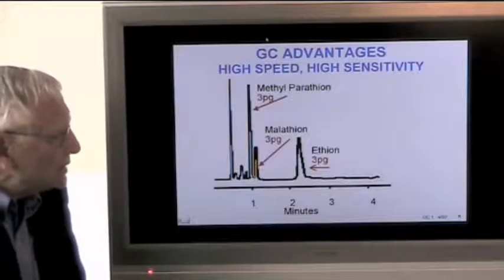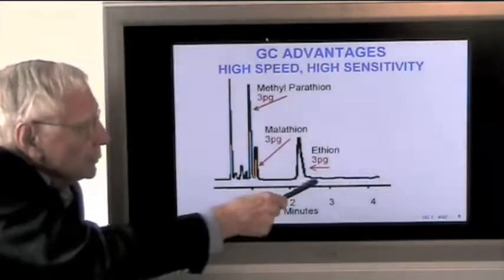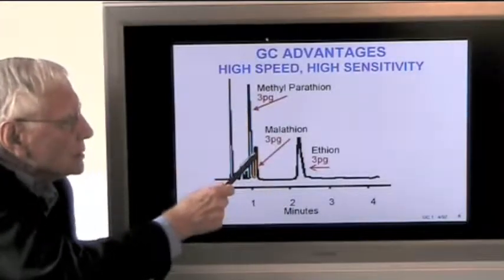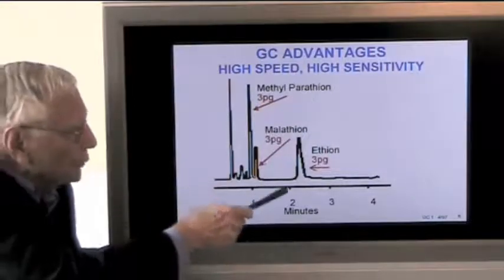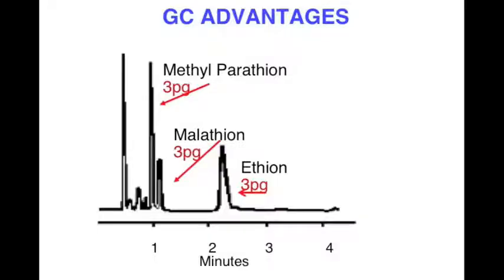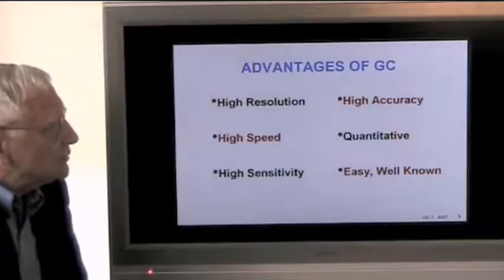Here, for example, is a 2.5 minute separation of 3 common pesticides: methylparathione, malathione, and ethione at the picogram levels. Picogram, 10 to the minus 12 grams, means these are parts per billion. So this is a very good example of both high speed as well as very sensitive detection.